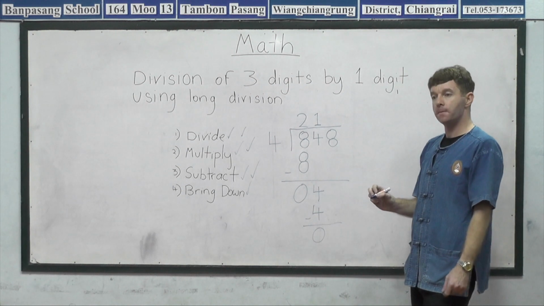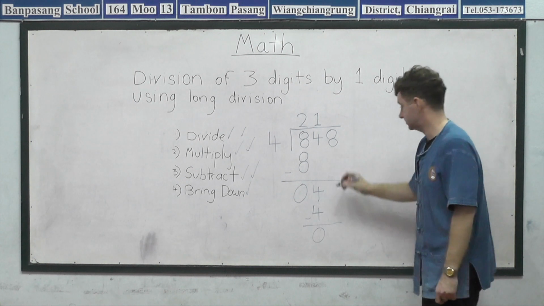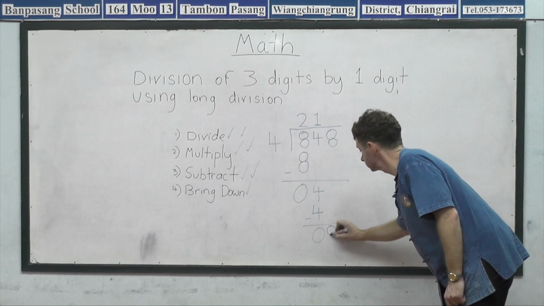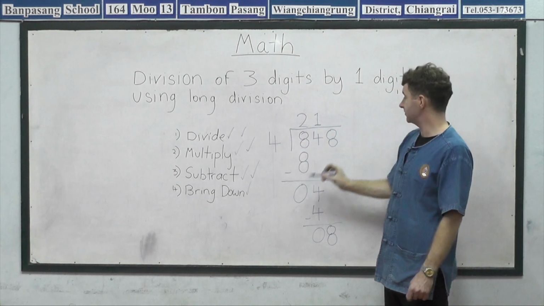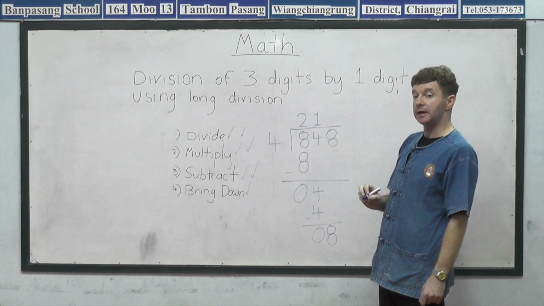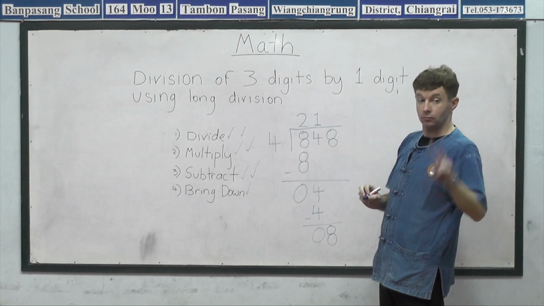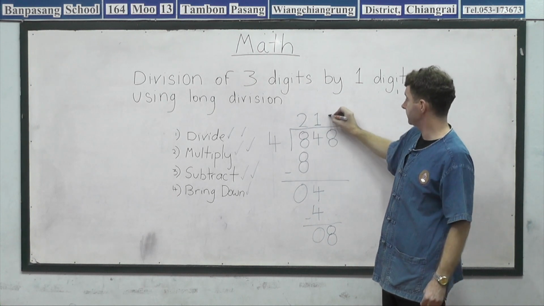What's step number 4? Bring down. What do I bring down? 8. And we repeat again. Divide. 8 divided by 4 equals 2. You can see we've done it one time already.